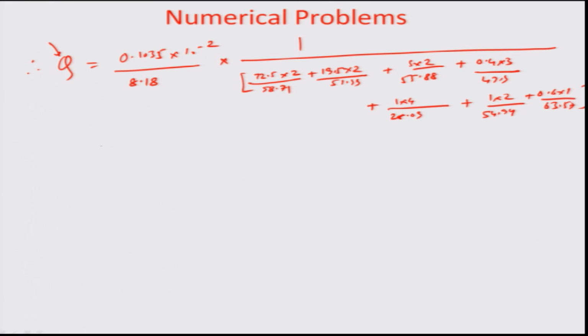So, this in totality results in 0.1035 10 to the power of minus 2 divided by 8.18 times 3.62.